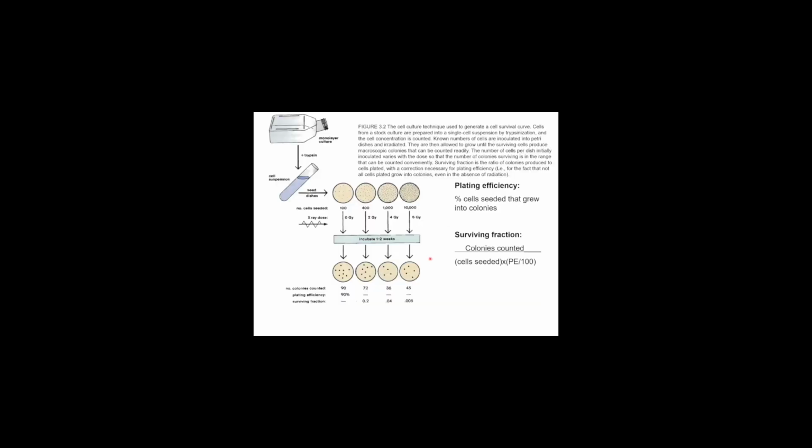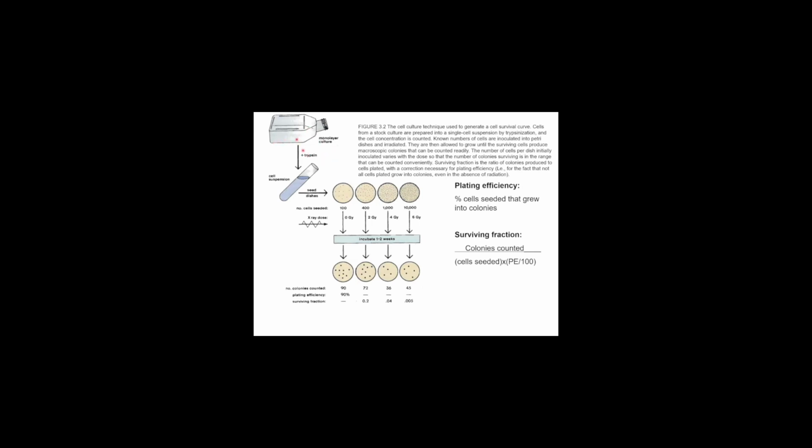Okay, so here we go. This is the method of the cell survival curve. Now, this method is important for you to know. There are going to be some questions on the boards that relate to this. So we're going to go through it in a little bit of detail here. In this example, they're growing cells on the bottom of a tissue culture flask. They add trypsin, and actually they would add EDTA usually.